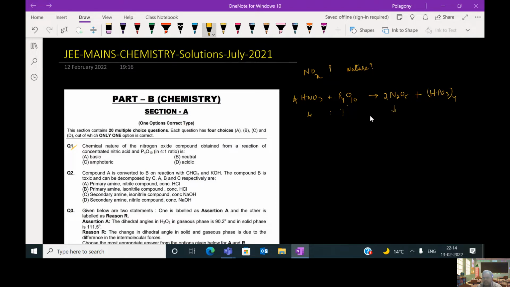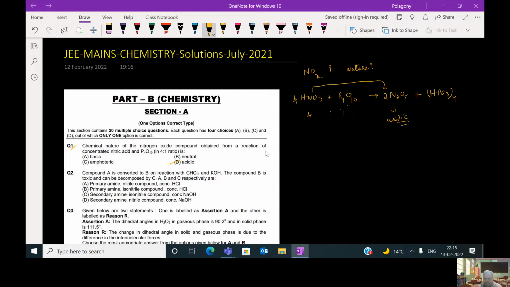N2O5 is basically acidic in nature. N2O5 is the anhydride of nitric acid. So we get N2O5, which is acidic in nature, and D is the correct option.